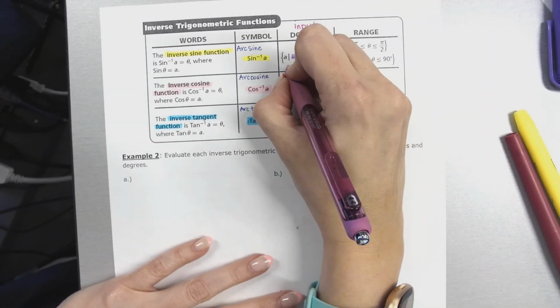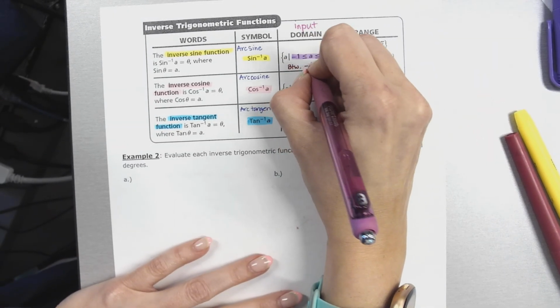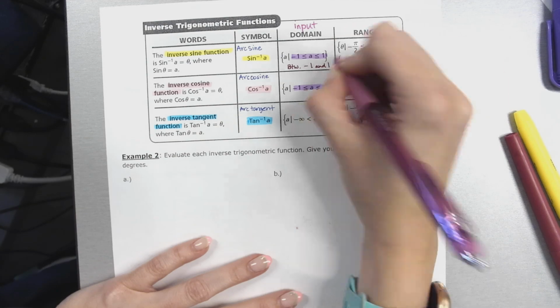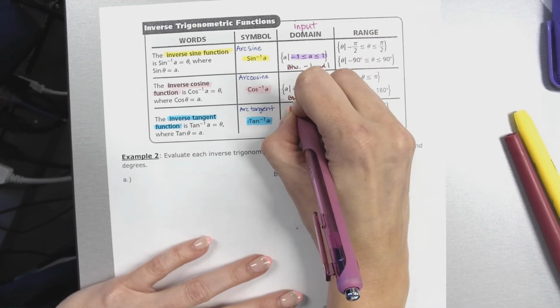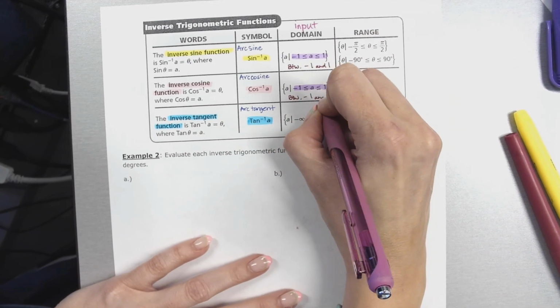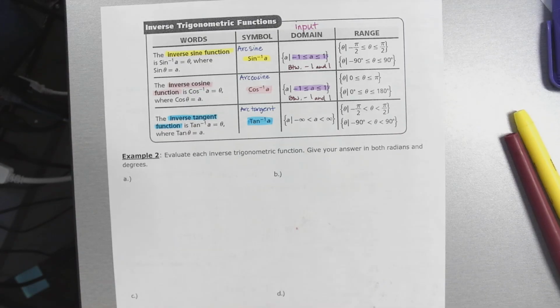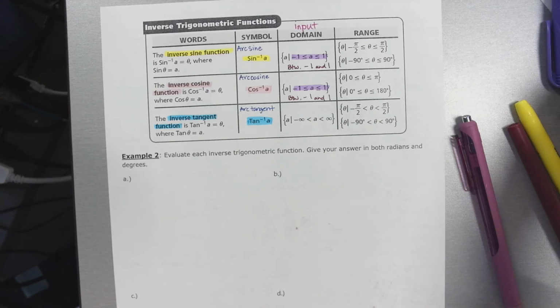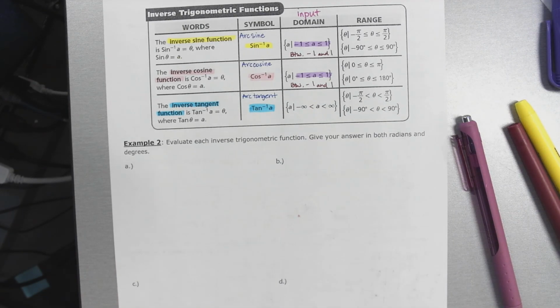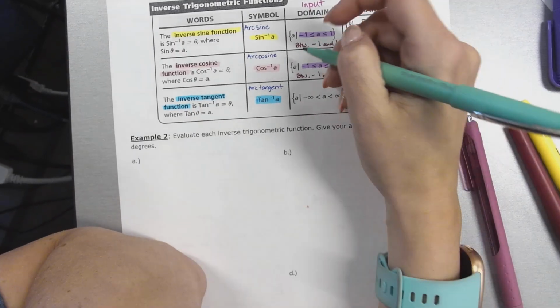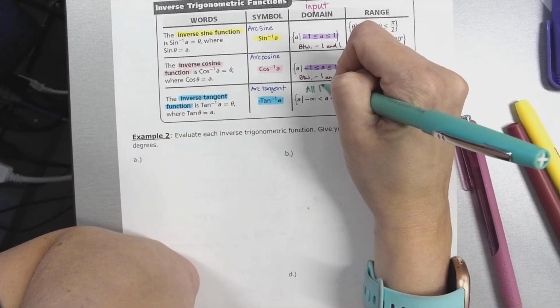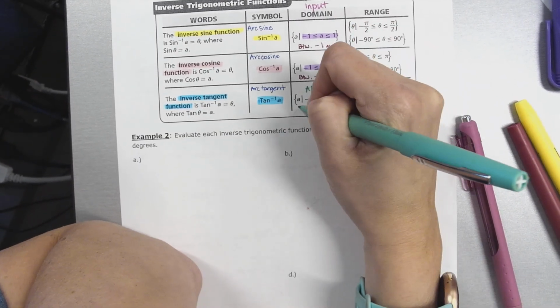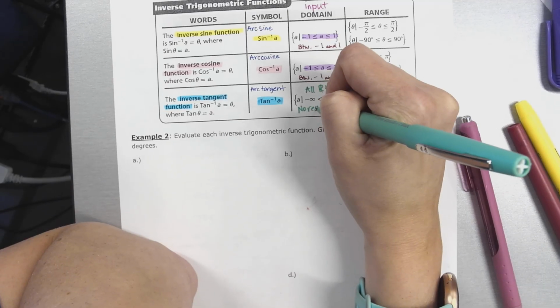So this is between -1 and 1, and this is between -1 and 1. Okay, but what is our domain for the tangent? -infinity to infinity. All real numbers. That means there's no restrictions. You can plug in anything.